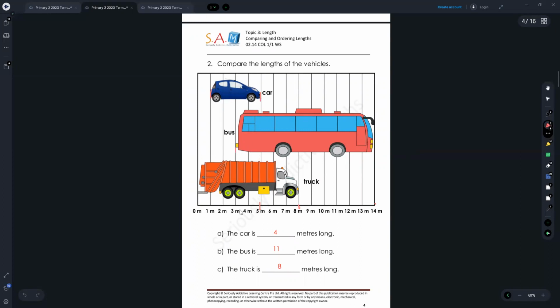In this case, it's 5 minus 1, so it's 4 meters. And the bus is 14 minus the leftmost measurement, 3, so it's 11 meters. Now, even for the truck, if you use this method, it will come up with the same answer: 8 on the right, 0 on the left. So 8 minus 0 equals 8.